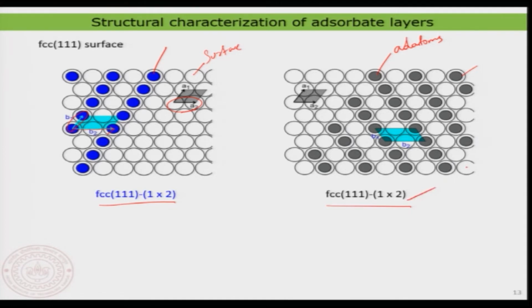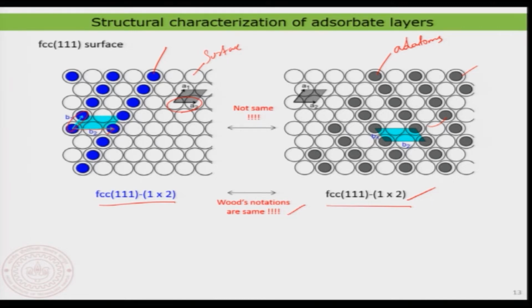Both the names are basically the same. But if you look carefully, the Wood's notations are the same, but the Adlayers are not the same. There is truly a difference in the symmetry of the Adlayer with respect to the surface. You can see the oblique of this particular Adlayer is facing to this side, and the oblique of this Adlayer is facing to this side.